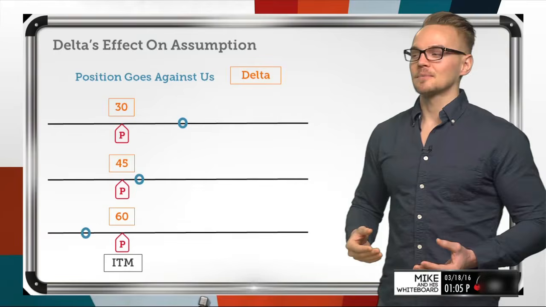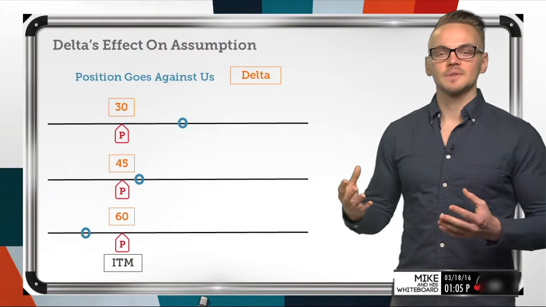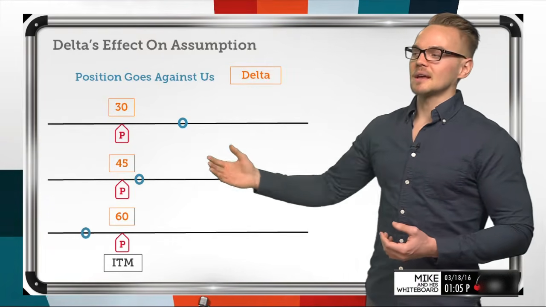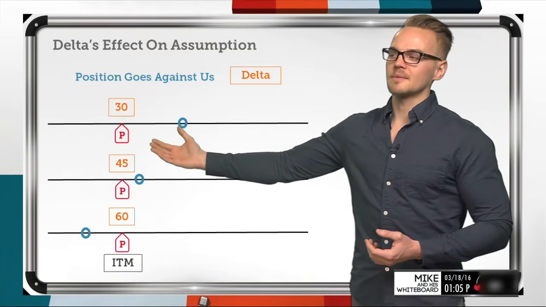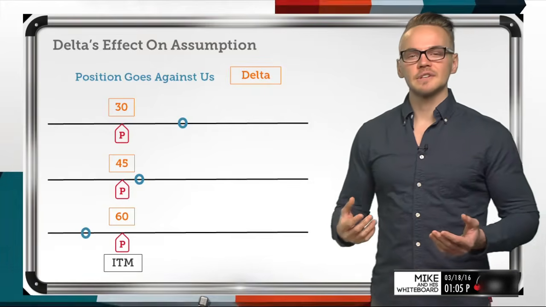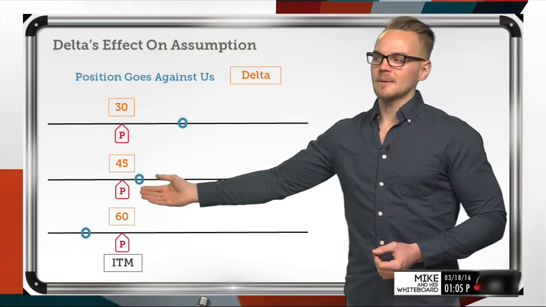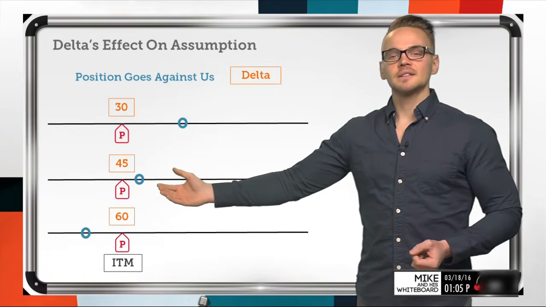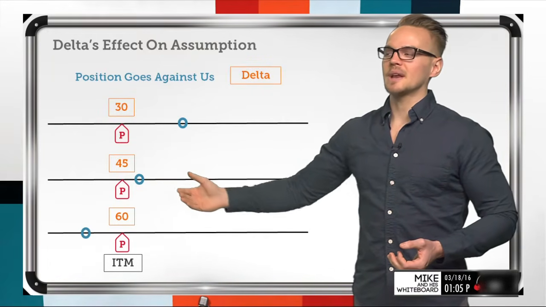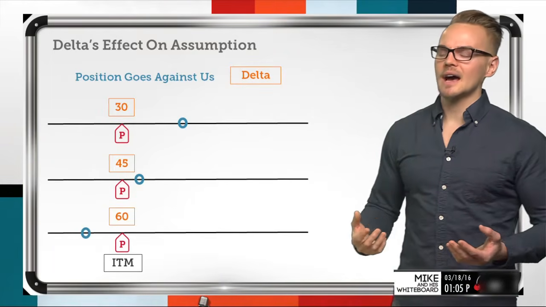So why is that? Well, we know for a fact that deltas have a relationship with probabilities of being in the money. If I'm selling a 30 delta put and it's pretty far away from the stock price, with a probability of around 30% of expiring in the money, that means that if the stock price moves closer to that strike, the delta would have to be higher, because it would have a higher probability of expiring in the money, and therefore a higher delta.